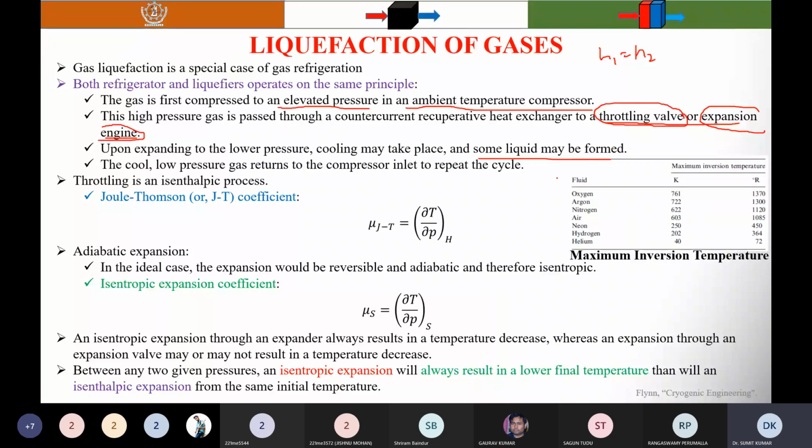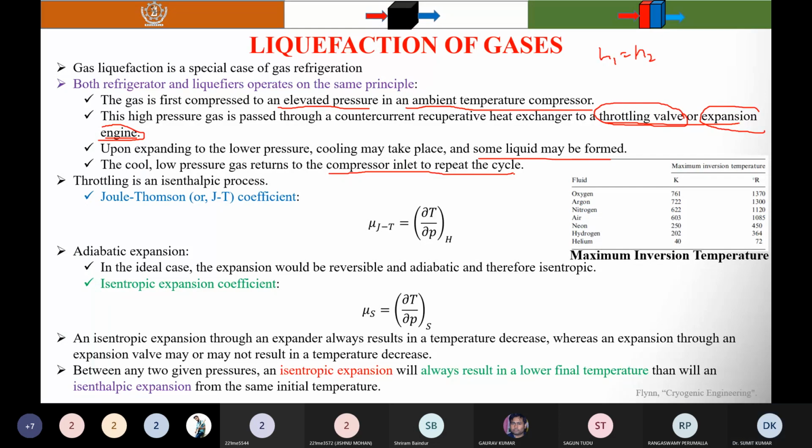But in the refrigerator, you have taken the energy from the refrigerated space. Here, during the cooling, some liquid has been formed. Okay, and the cool low pressure gas returns to the compressor inlet to repeat the cycle. So these are the four basic steps which are used in both the refrigerator and the liquefier.